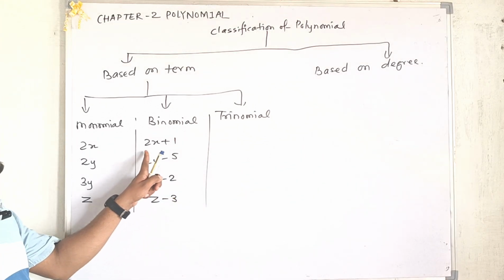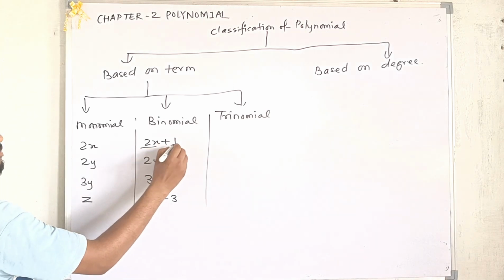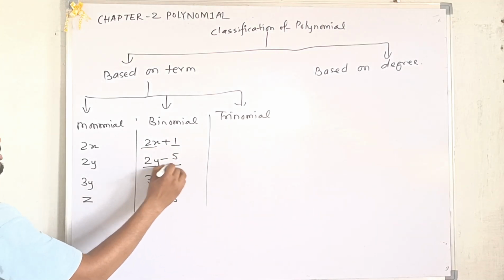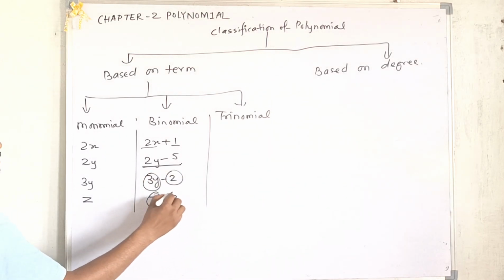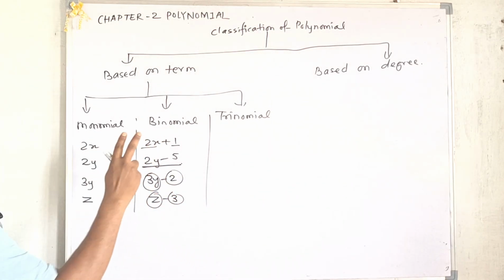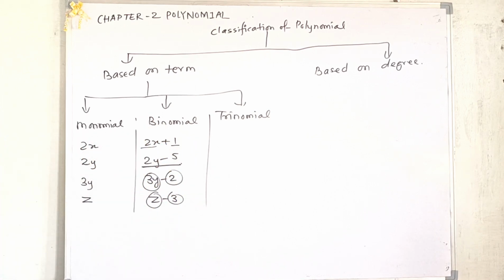Here this polynomial consists of two terms, 2x and 1. This polynomial again consists of two terms, and this is also a two-term expression. So bi means two. So an polynomial which consists of two terms is known as binomial.